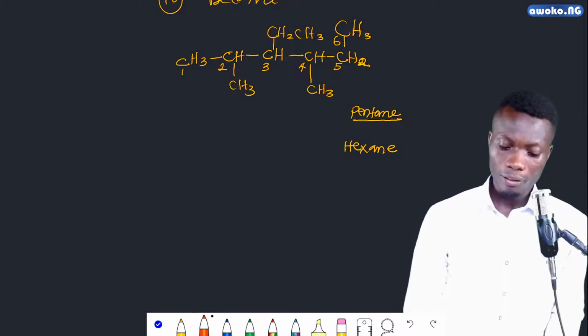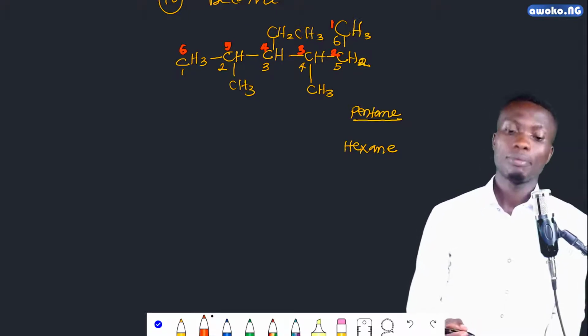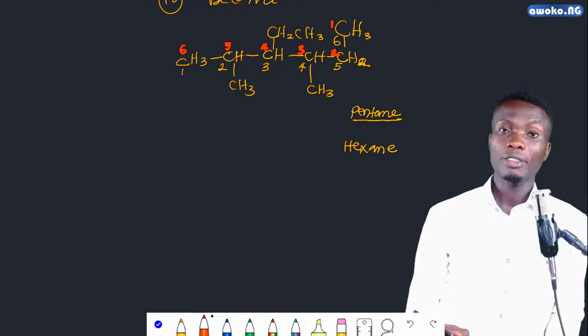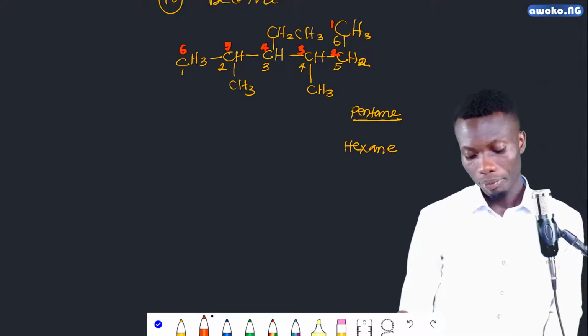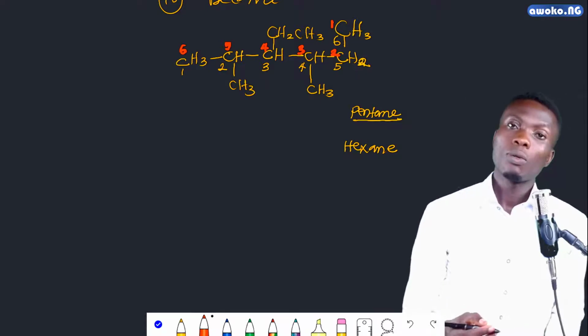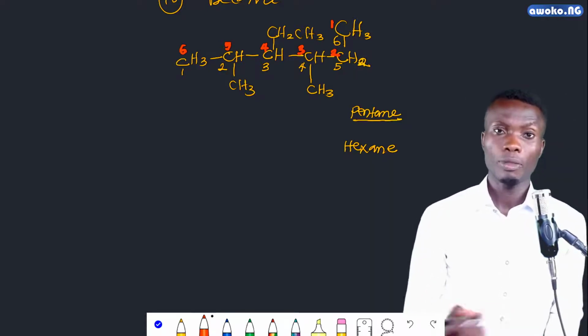If someone is counting from the right, this will be carbon number 1, carbon number 2, carbon number 3, carbon number 4, carbon number 5, and then carbon number 6. So you see, we still have 6 counting from the right. Now, the question comes: which side do we count from? We have 6 from both sides.